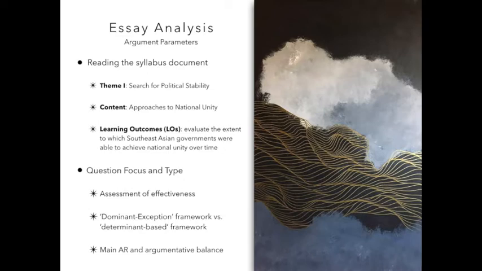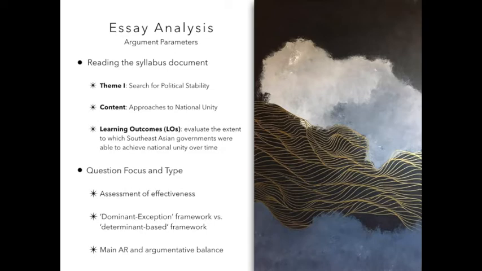Even in your syllabus document, you can see that under the broad theme of search for political stability, in this case, the content is approaches to national unity. So we may be looking and assessing national unity in itself, but we may also be looking and assessing national unity in relation to larger questions and larger assessments on political stability or domestic stability.